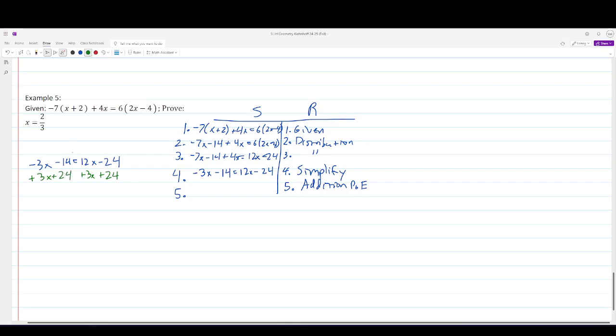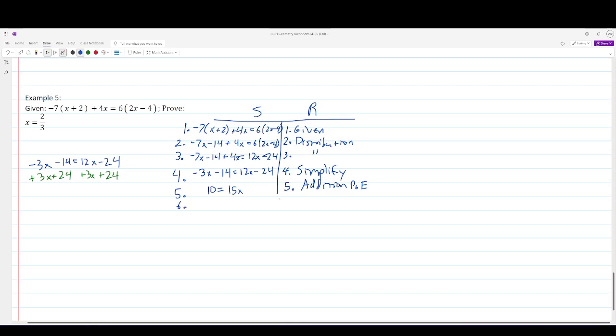So the addition property of equality just says we add the same thing on both sides. So if that thing is 3x plus 24, then no big deal. We can add 3x plus 24 to both sides. That gives me 10 is now equal to 15x.